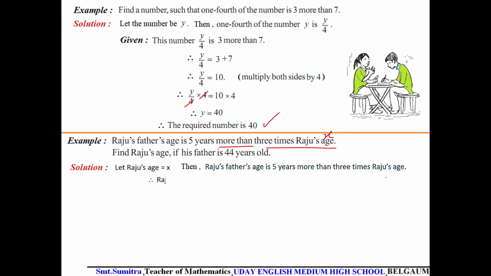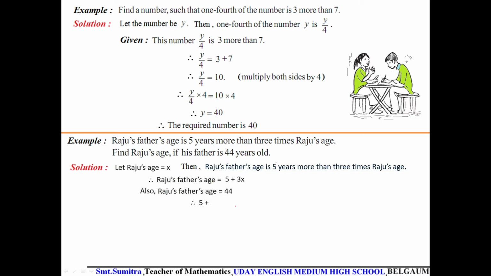That is, 5 years more than means plus, and 3 times Raju's age means 3 into x. So it becomes 5 plus 3x. Please observe this. Then Raju's father's age is given. It is 44. It is given in the question. So these two must be equal.